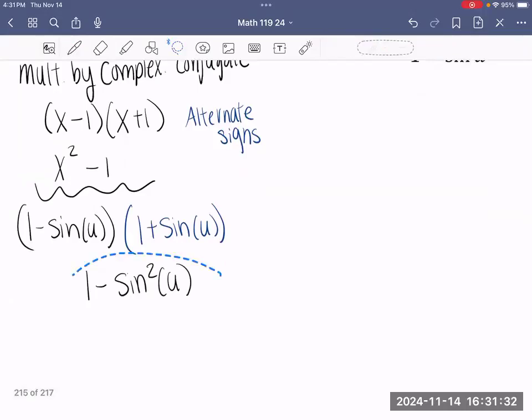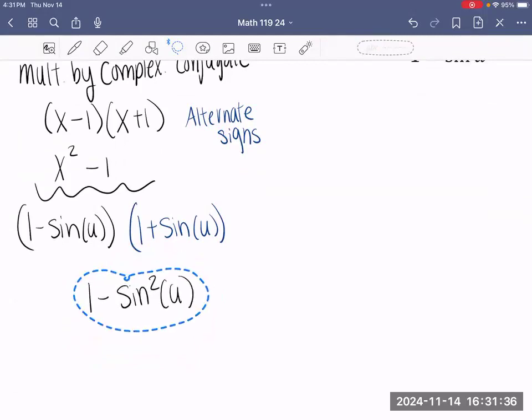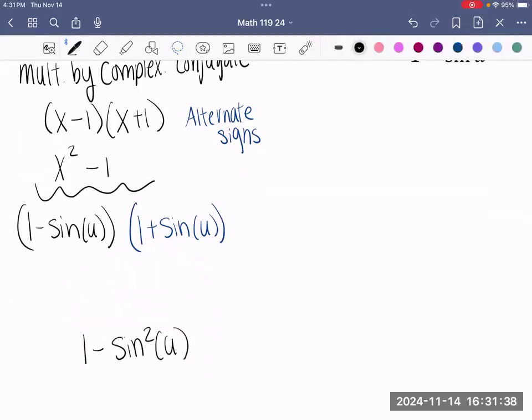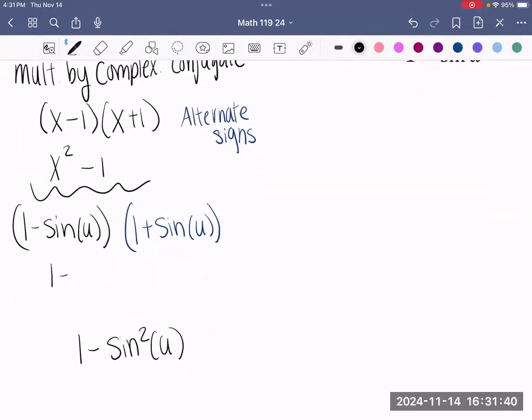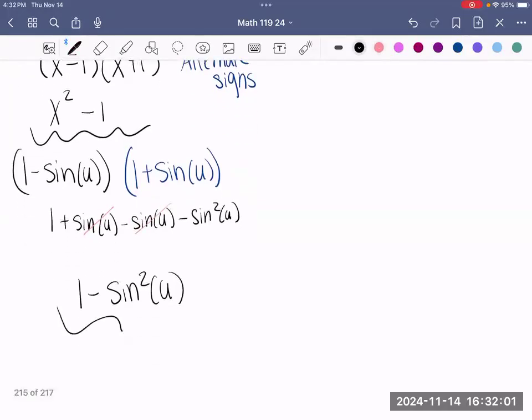If we need to see the FOILing process, let me try that one more time to pull that down. This is just 1 times 1, plus sine of u, minus sine of u, minus sine squared of u, or sine times sine. Your middle terms cancel, and you're left with 1 minus sine squared.